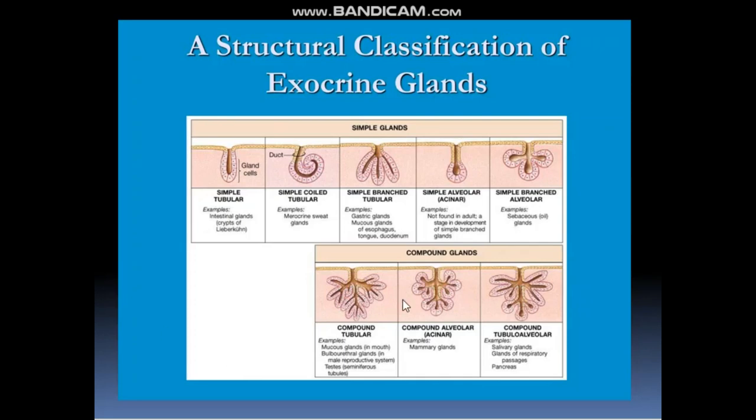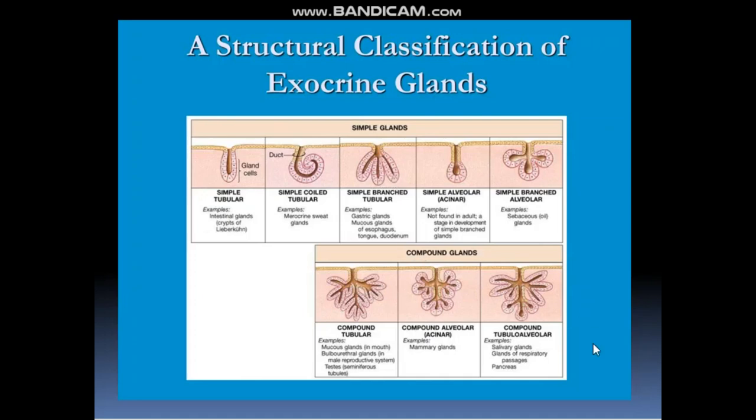According to branching of the secretory portions, we will distinguish unbranched, just one secretory portion, but if the secretory portion is branched, that will be a branched gland. For example, this will be a simple tubular gland, that will be coiled because the secretory portion is coiling here. That will be a simple tubular gland, but it will be branched because the secretory portion is branched.